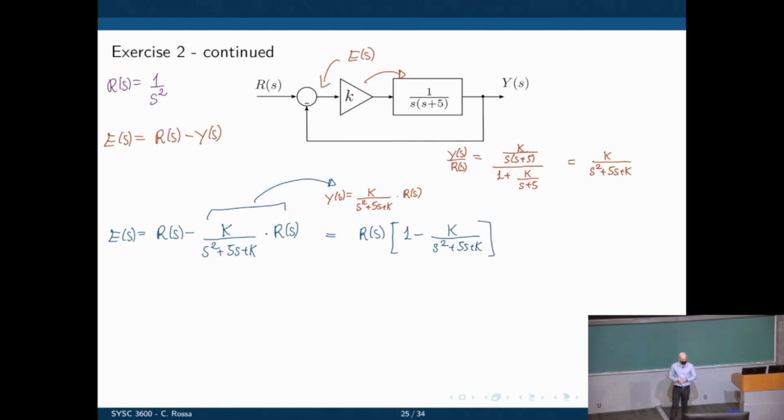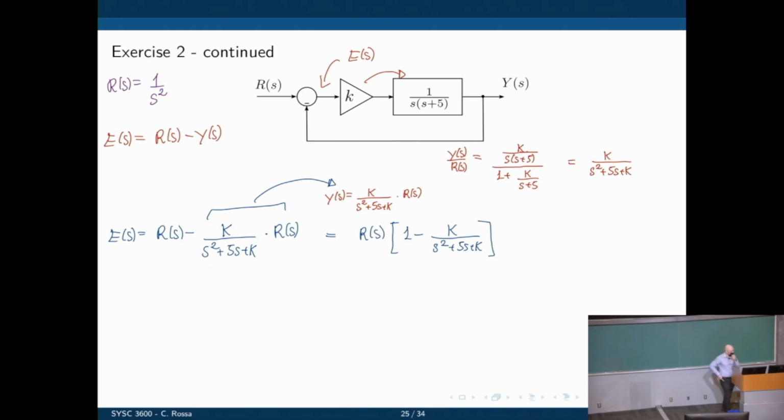How do you calculate the steady state error? We can find the inverse Laplace, but send time to infinity. But what else can we do? If you want the steady state error, in steady state, we can say that time tends to infinity. So we could use the final value theorem instead.